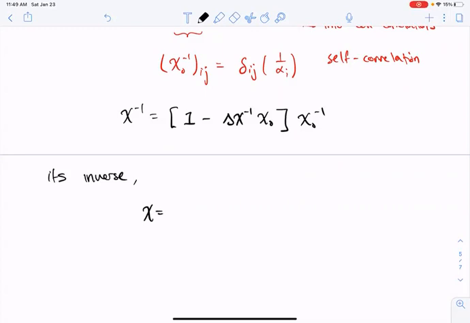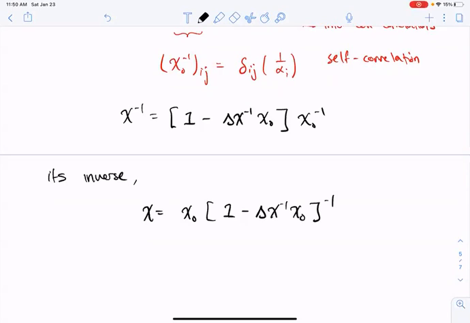We have a component which transforms simply, the chi naught, because it's diagonal. Again, it transforms like a set of numbers. And now we have the identity matrix less chi naught inverse, chi naught, that whole matrix inverted. So the correlations, indeed, because they're not along the diagonal, don't transform so simply.